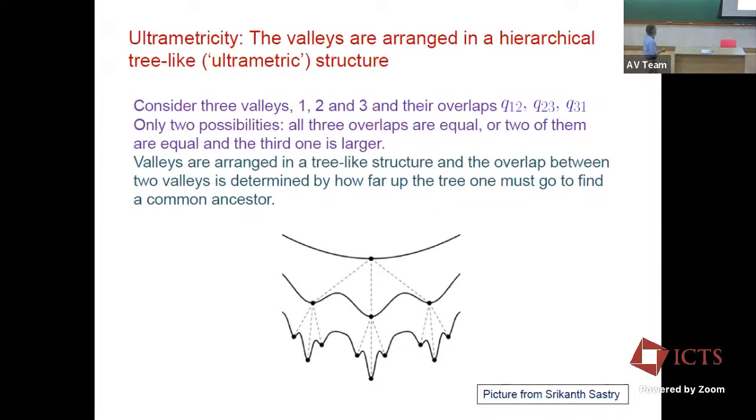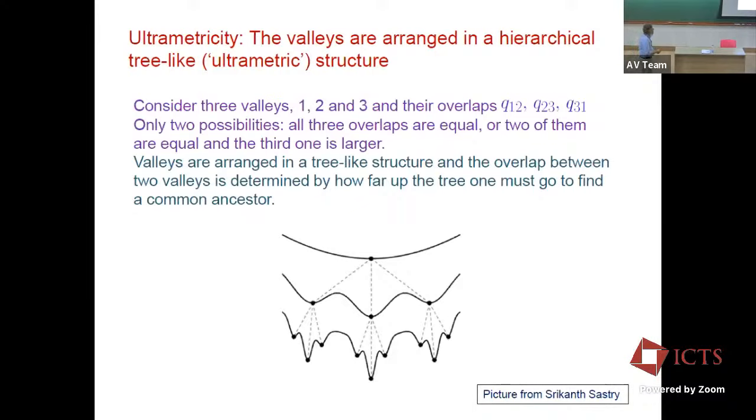Now, I leave it as an exercise to convince yourself that if you take any triplet, say this and that, then for all pairs, 1, 2, 2, 3, 3, 1, you have to go up just 1 step. So then the overlaps will be the same.